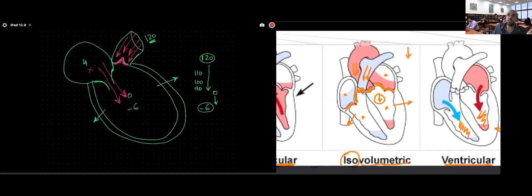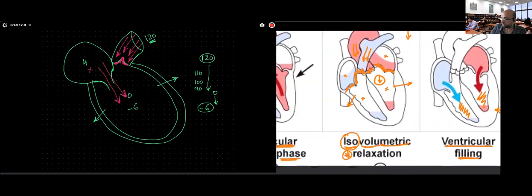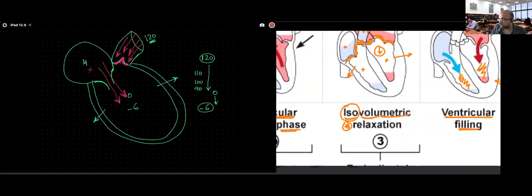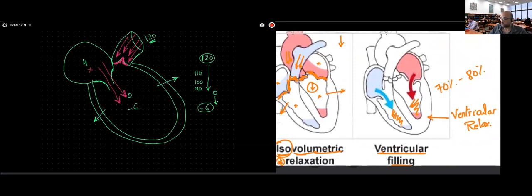So the ventricles will have a constant volume. So we call this an isovolumetric relaxation phase. You kept reducing the wall tension. You create a pressure now low enough to open AV valves. And this will allow the blood to flow down into your ventricles. We call this the ventricular filling phase.